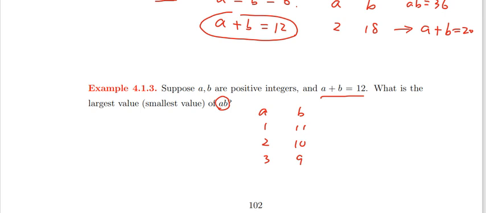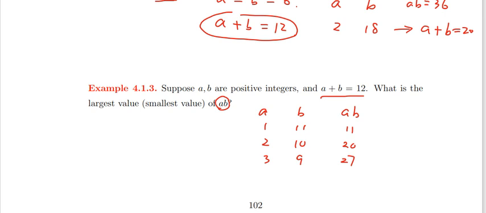There could be many cases. Let's check the value of ab. In this case ab is 11. Here ab is 20. Here ab is 27.